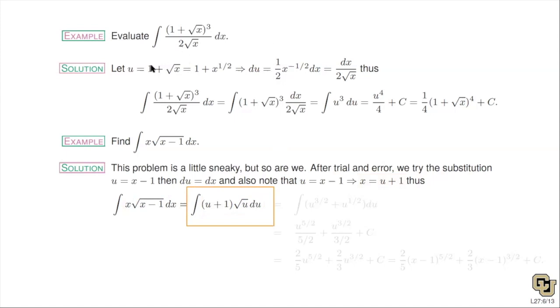So here, we're going to do the algebra, distribute the u to the 1/2 to each term. U to the 1/2 times u to the 1 is u to the 3/2. U to the 1/2 times 1 is u to the 1/2. So that's what it looks like. And now I can go ahead and integrate term by term. I can use the power rule for antiderivatives on each term separately.